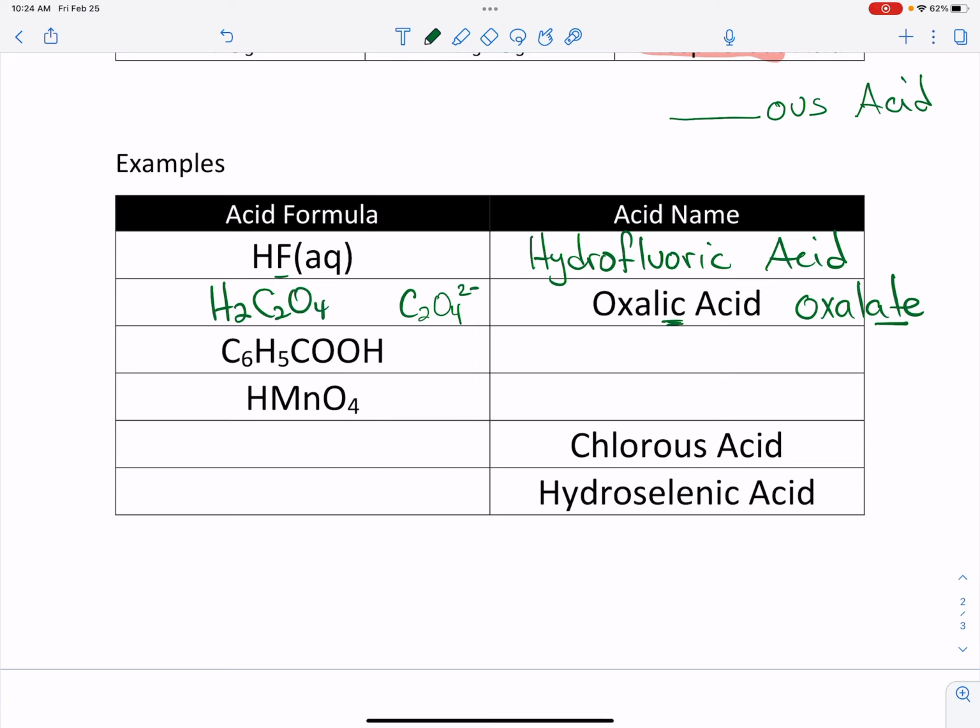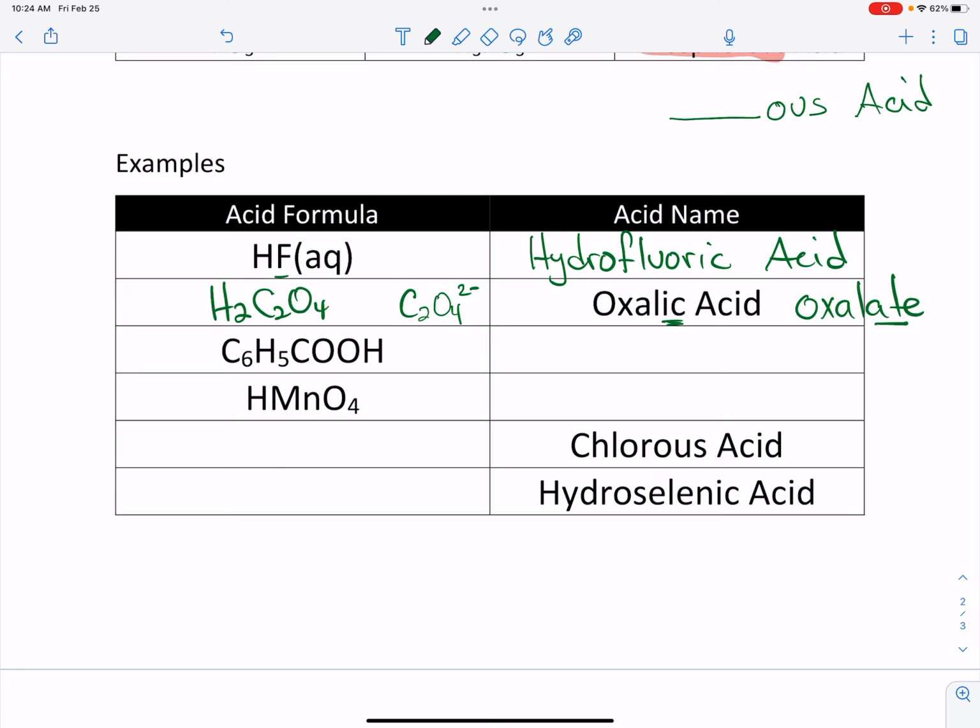If it's a binary acid like HF, you should put AQ beside it, aqueous, dissolved in water. If you leave that off, I'll probably be fine with that, but technically it should have aqueous. The acids with complex ions, there's less stickiness about that, so we don't usually require that the aqueous be present.